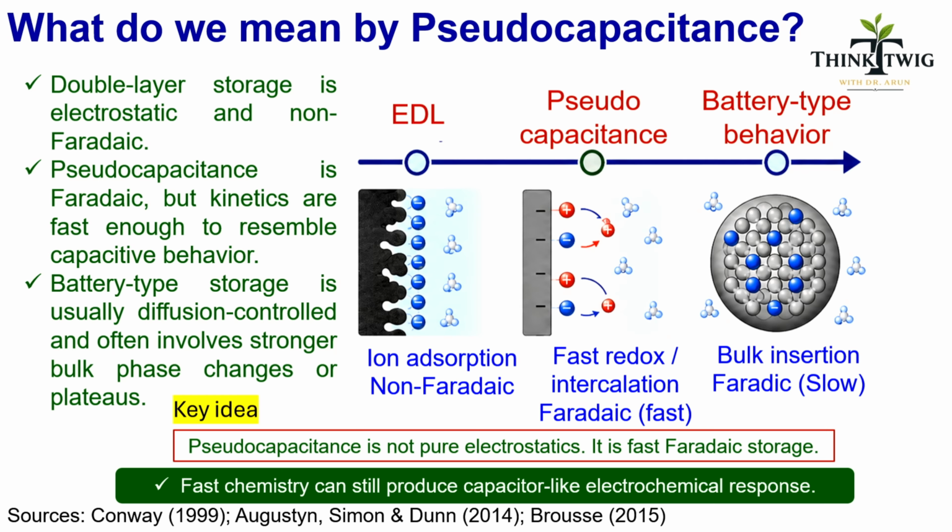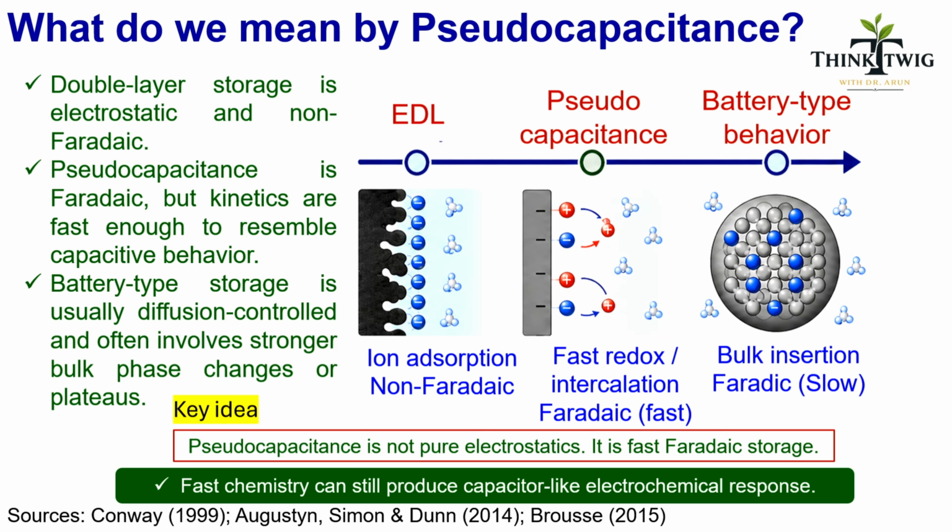So let us first remove one major misunderstanding: pseudocapacitance is not another name for double layer capacitance. In an ideal electric double layer, charge storage is electrostatic and non-Faradaic. So there is no electron transfer redox reaction required. Now move to the middle.